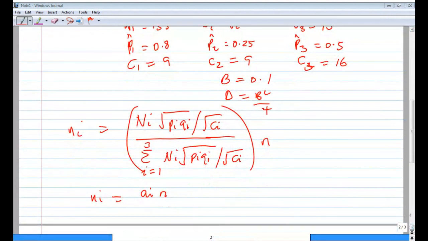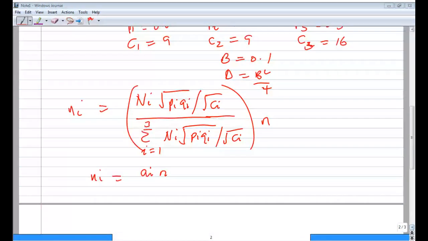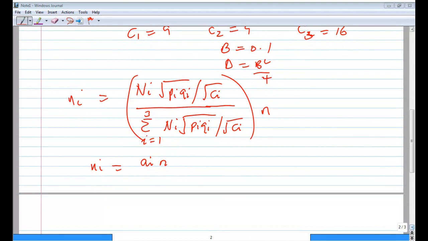If Ni is equal to that big formula multiplied by the overall sample size, so if Ni again is equal to Ai times N, so our Ai is equal to what? Isn't it equal to that big formula up there? Yes, very good.